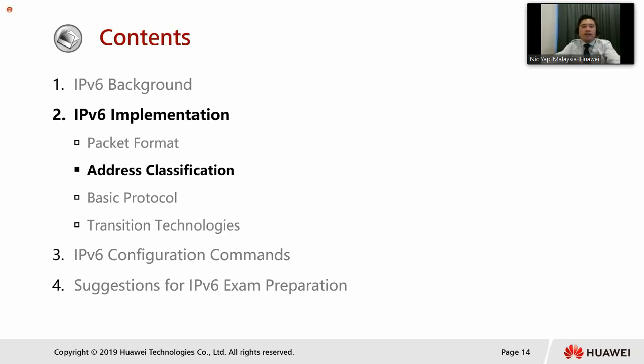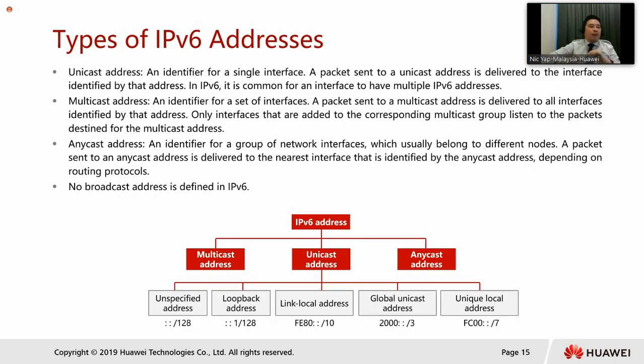So let's look into the types of IPv6 address. One thing to highlight here is that under IPv6, they already removed the broadcast. They only left unicast and multicast, and they added anycast. There is no more broadcast address inside IPv6, so they do not send broadcast using IPv6 addresses.